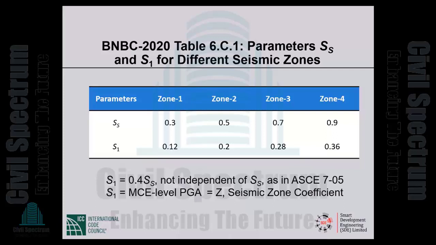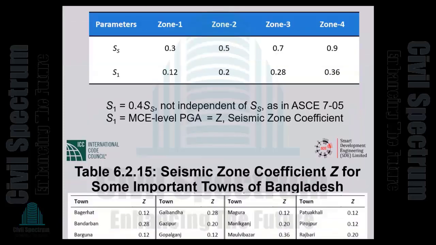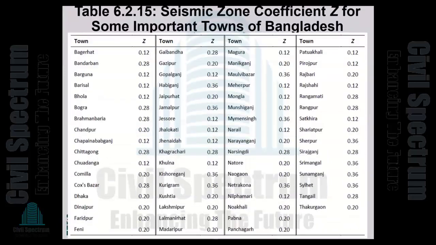And Z is the same, the peak ground acceleration in zone 1, 0.12. S sub 1 being 40% of S sub S, S sub 1 and Z are identically the same. Hopefully that is clear. I probably repeated multiple times the same thing.